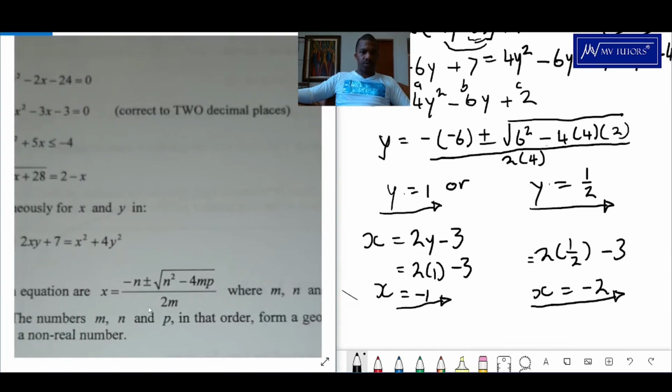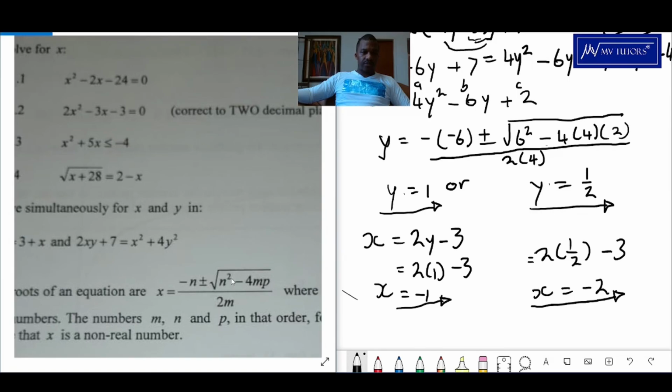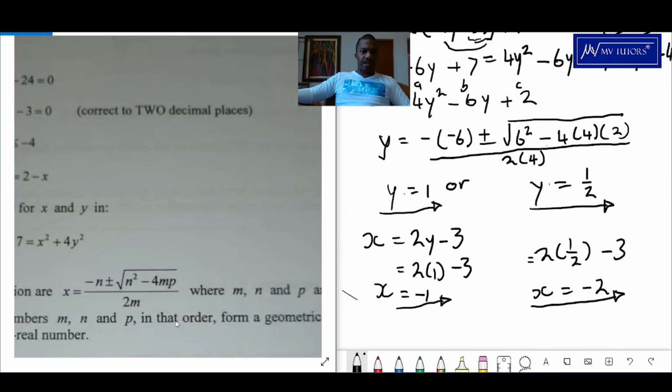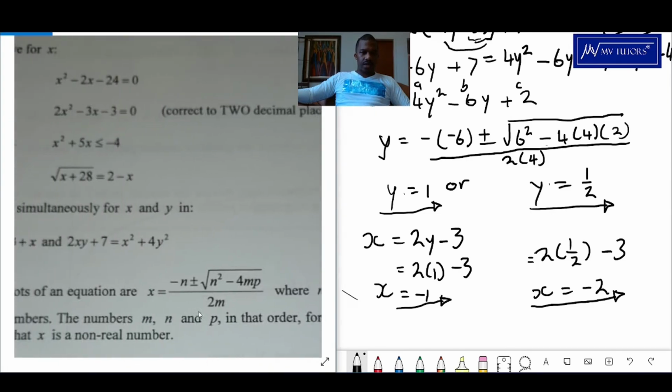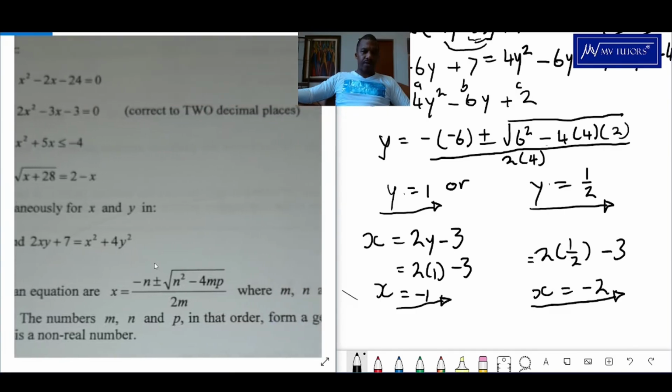It's very important. Real numbers, so positive real numbers. The numbers m, n, and p in that order form a geometric sequence. Prove that x is a non-real number.